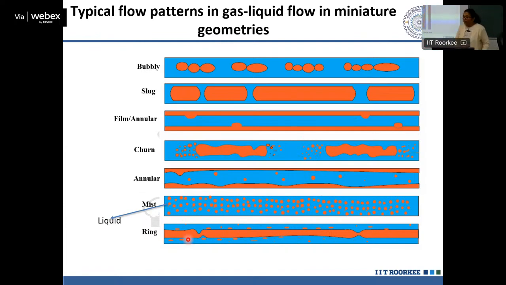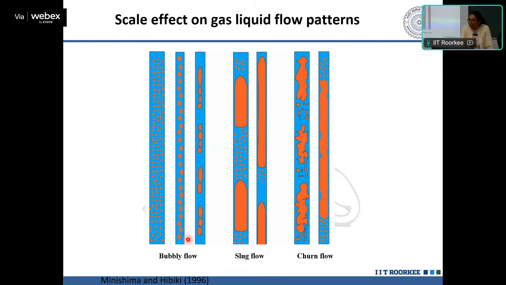Now, Mishima and Hibiki did a very nice experiment on the entire range from 5 mm tube diameter to 1 mm, so that they could gather the actual difference when progressing gradually from a conventional channel towards the mini channel. From here you could see, this orange is the air bubble. Here in bubbly flow, they are finely dispersed bubbles, uniformly present throughout the tube.